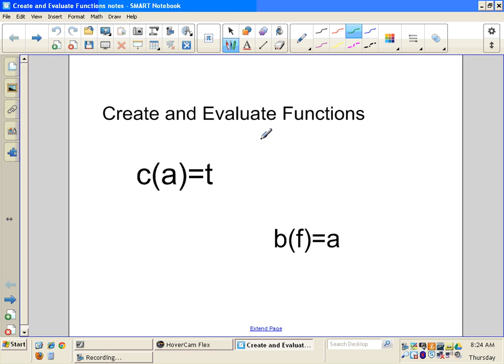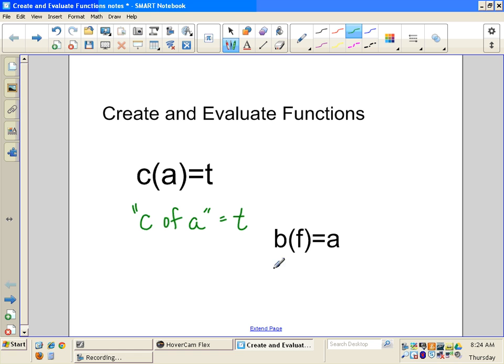So just a little bit of terminology here. The way that you say a function is in terms of another value. So this is the function c of a. So verbally what you say is c of a equals t.